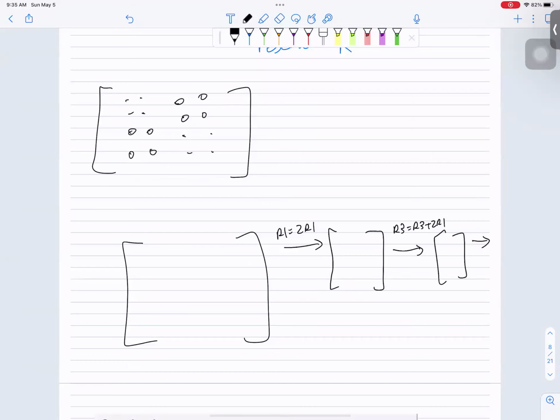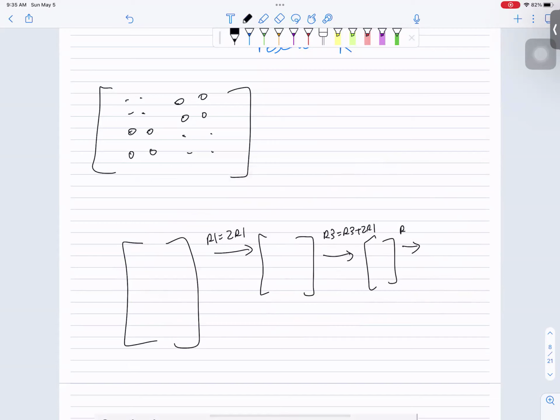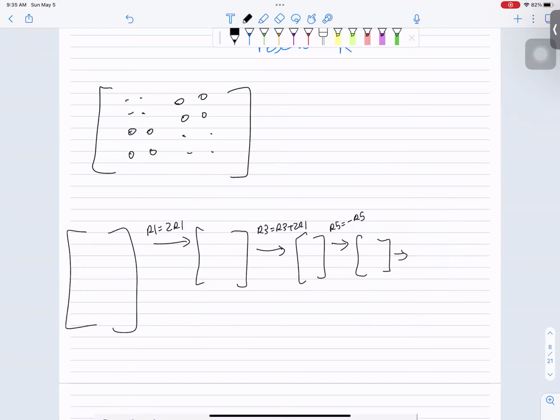And then say I do row 5 is negative row 5 and I get a matrix. And let's say I do one more, like row 4 equals 1/3 row 4 and I get something.